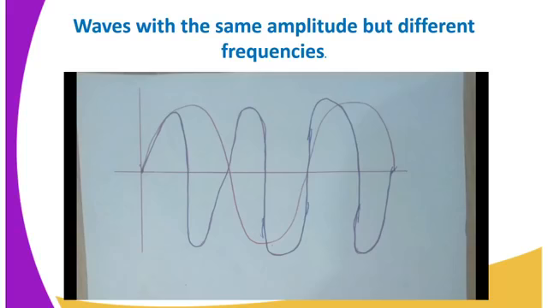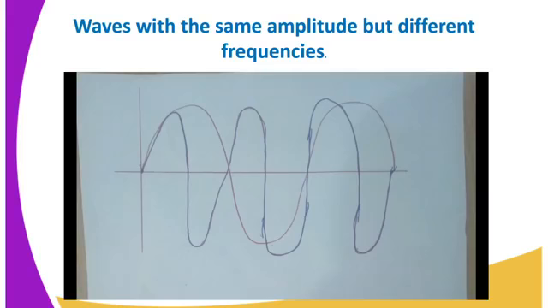Number one, in terms of the amplitude, we have waves which have the same amplitude but different frequencies. An example of the diagram that we have illustrates waves which have the same amplitude but different frequencies.